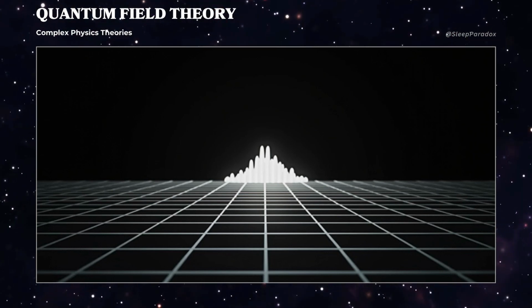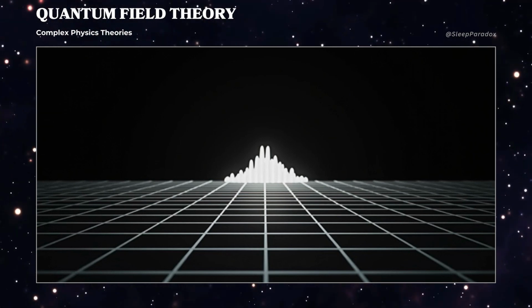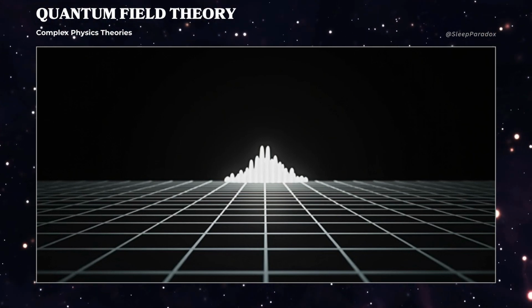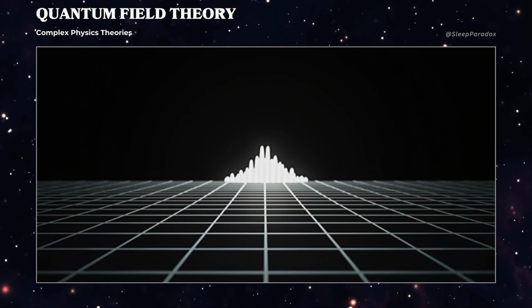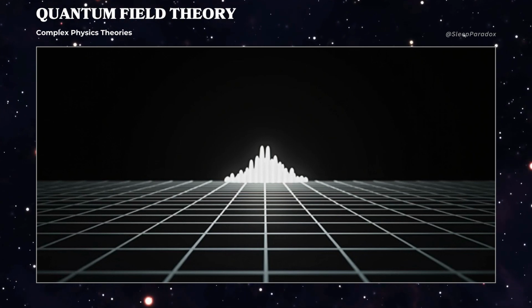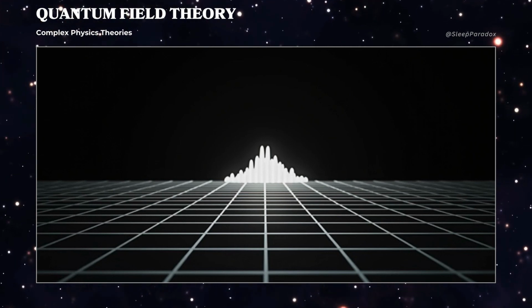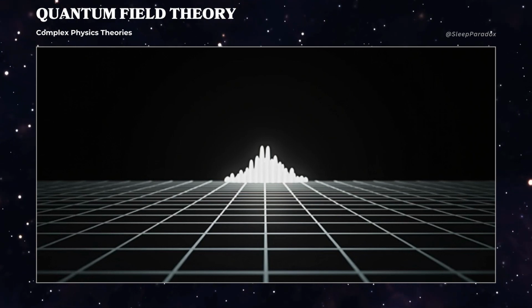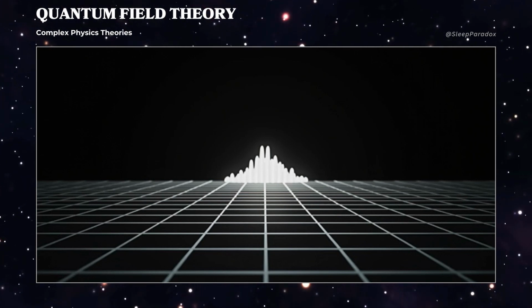One of the most important aspects of quantum field theory is that it allows for the creation and destruction of particles. In quantum mechanics, particles are usually conserved, but in quantum field theory, energy can be converted into particles, and vice versa, as long as the conservation laws are respected. This is why high-energy collisions, such as those in particle accelerators, can create new particles from pure energy.